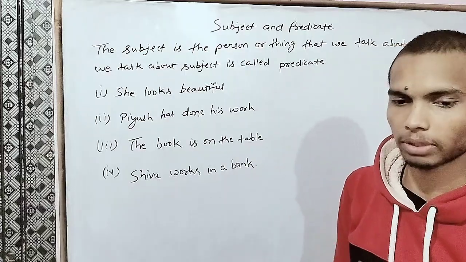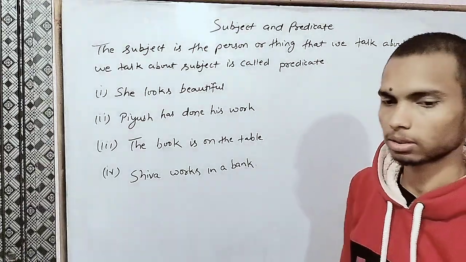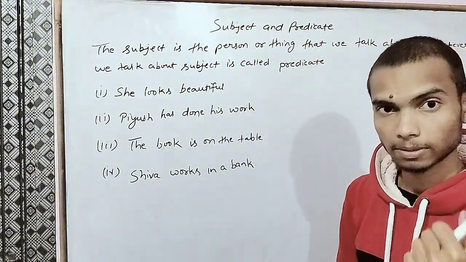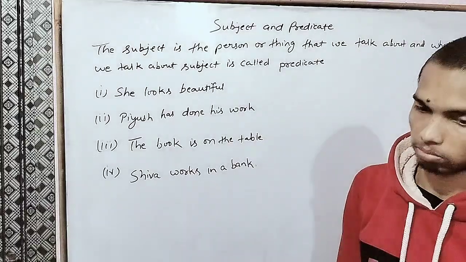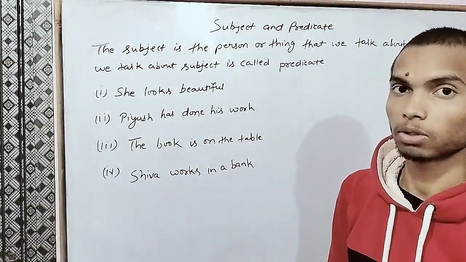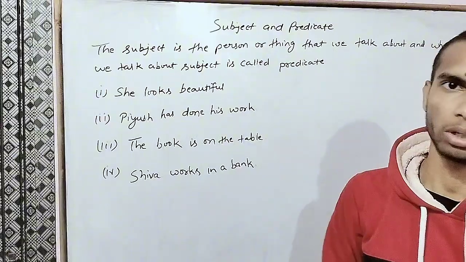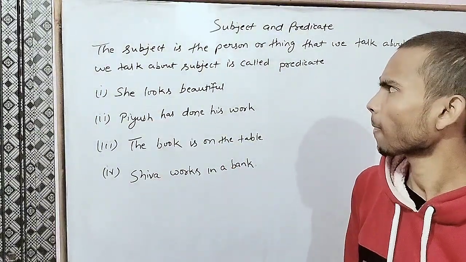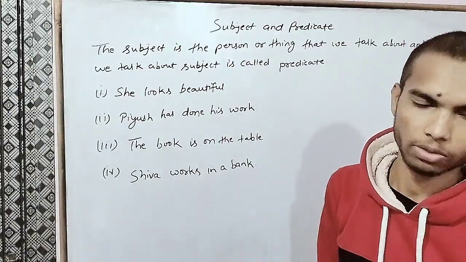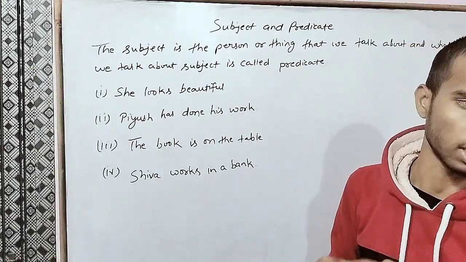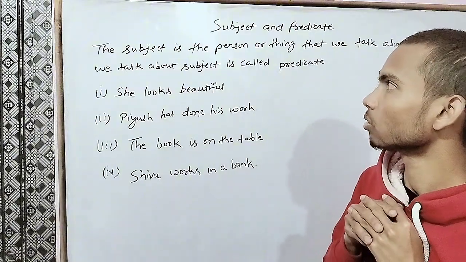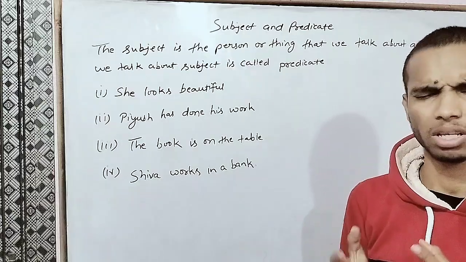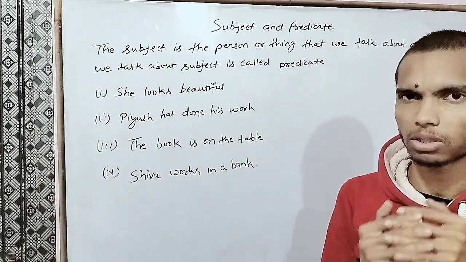The first point to identify where the subject is: look at the sentence, and find who the doing person is. The second point: our subject would be a person or thing.